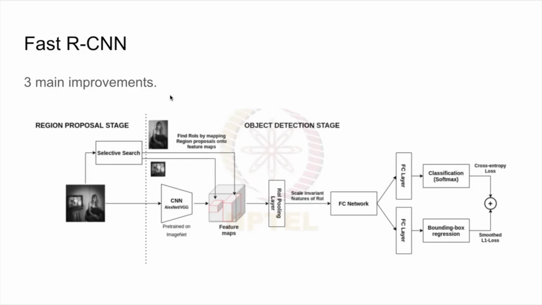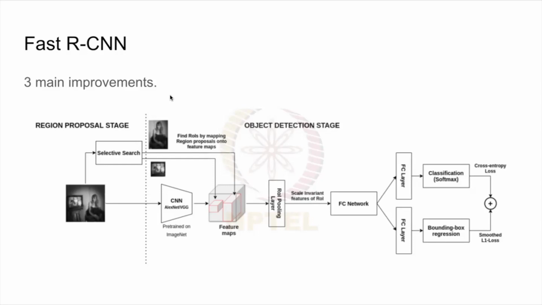You've got an image and you pass it to the CNN, instead of passing individual images and getting the corresponding feature maps, you just pass the image once and get the feature map. Then you mark in the feature map that this region in the image corresponds to this region in the feature map.